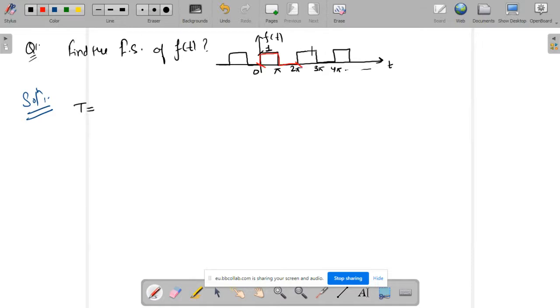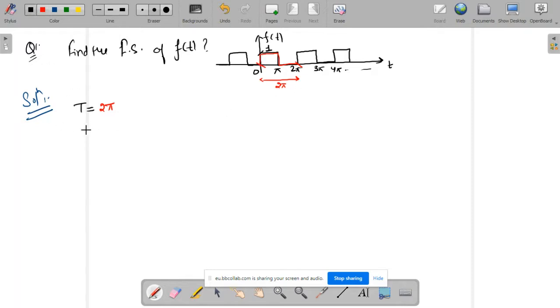After this, the same signal repetition starts. The same cycle repeats. So 0 to 2 pi is the time period of one cycle. In fact, the time period of this signal is 2 pi, because the duration of one cycle is 2 pi.